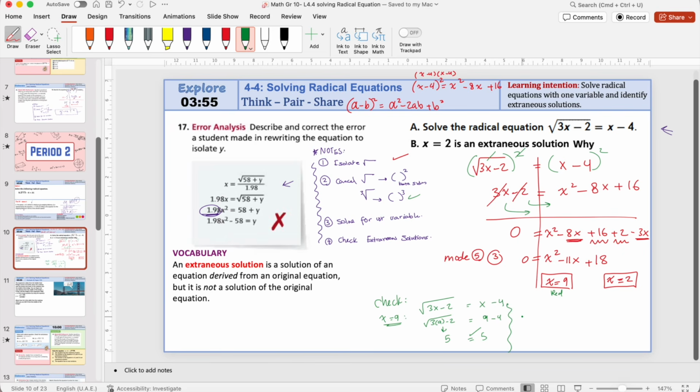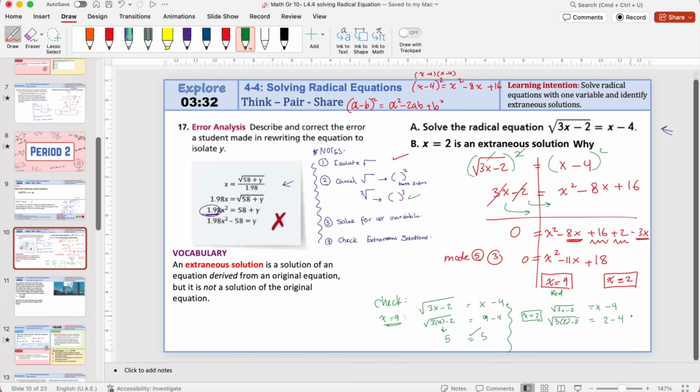Now let's check the other one, x equals 2. Again, write the equation: root of 3x minus 2 equals x minus 4. Substitute. It's going to be root of 3 times 2 minus 2. Is it the same as 2 minus 4? I don't think so.